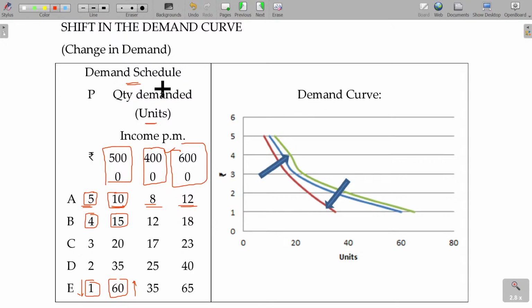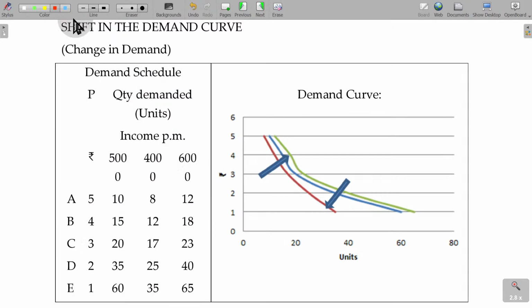Right. Now, this scenario, if I plot the graph, this will look like this one. This blue color is the existing one.